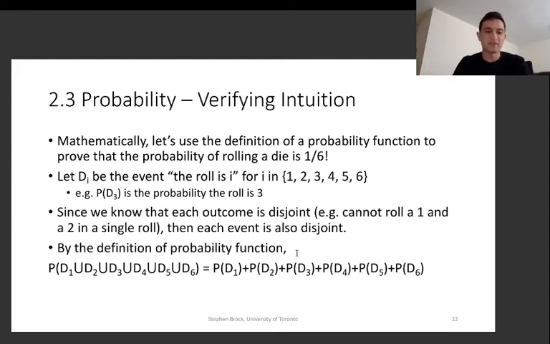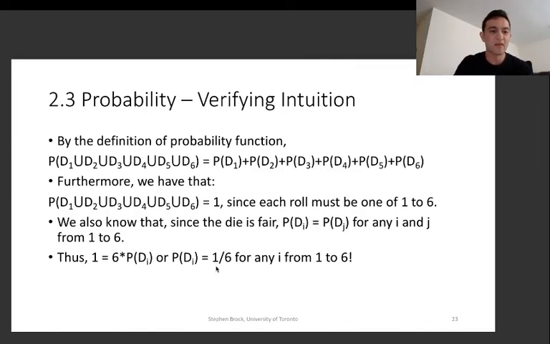So by the definition of the probability function, we have that the probability of the union of rolling a 1 to a 6 is equal to the sum of the individual probabilities. Furthermore, we have that the probability of rolling 1 to a 6 is 100% because every time you perform the experiment, every time you roll that die, it has to be a 1 to a 6.